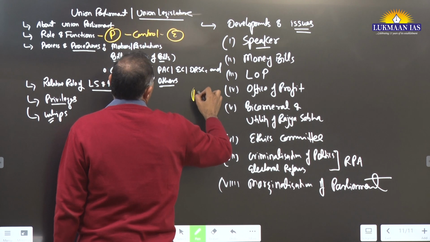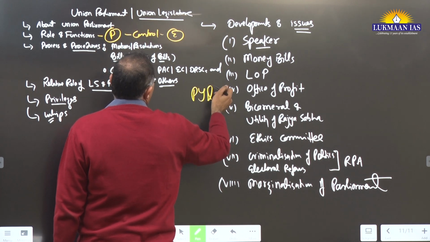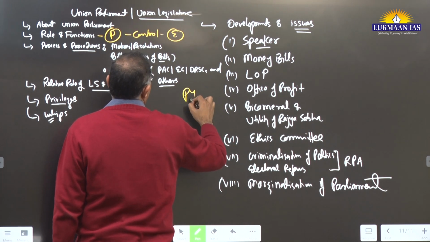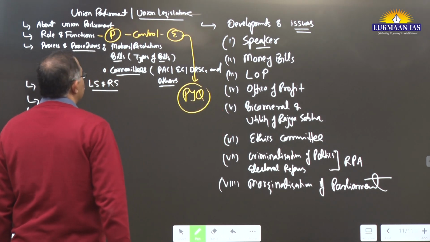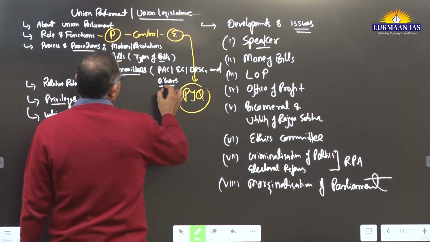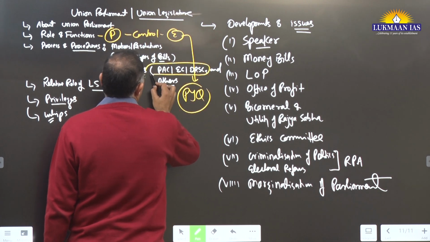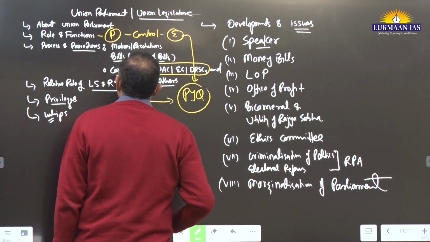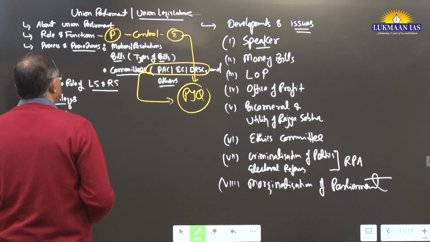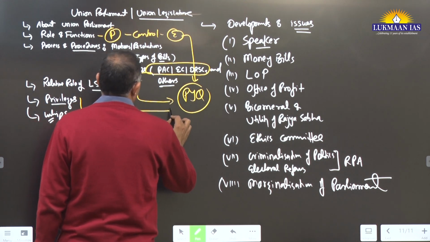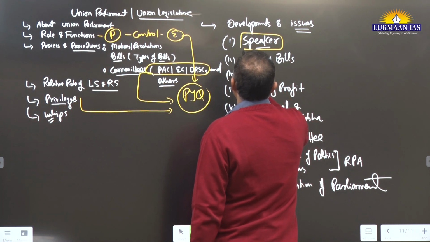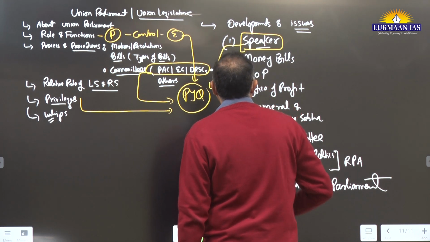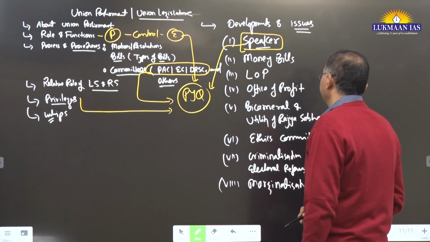That is the PYQ. Committees are a very important part that they have asked. Privileges they have asked, then the Speaker's office.